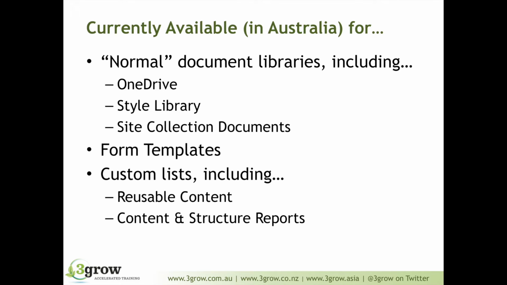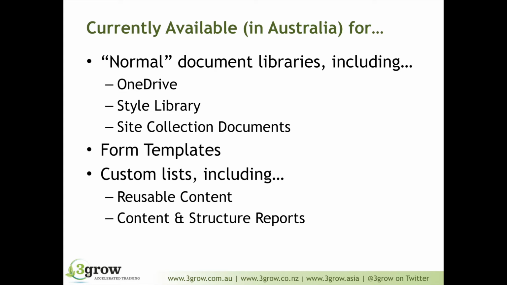So let's just have a quick chat now about which lists and libraries do have the new experience available and which ones don't. Your standard document libraries, such as any libraries created based on the document library template, things like site collection documents, the style library, and also your OneDrive, do all have that new library experience available. In fact, you may have noticed that the OneDrive library experience has been based on the modern experience for quite some time now.